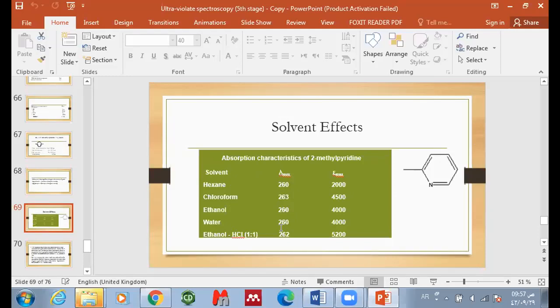But where is the difference here? The difference is in the extinction coefficient, the epsilon value. We have 2000 with hexane, 4500 with chloroform, with ethanol 4000, with water 4000, and with ethanol mixed with acid. This means changing the pH of the solvent, it will obviously increase.